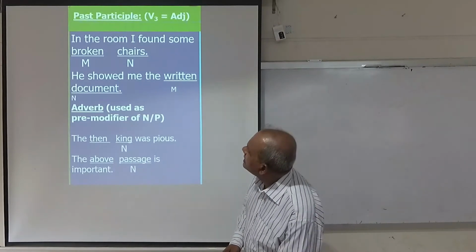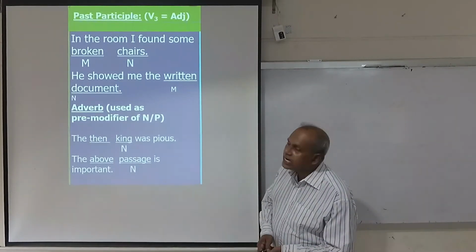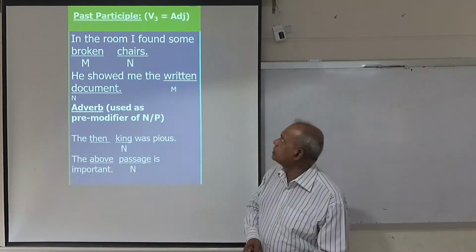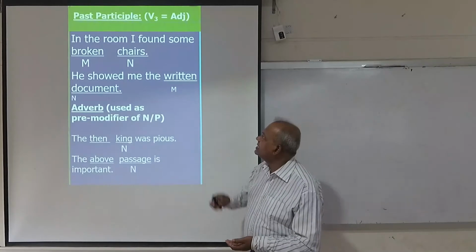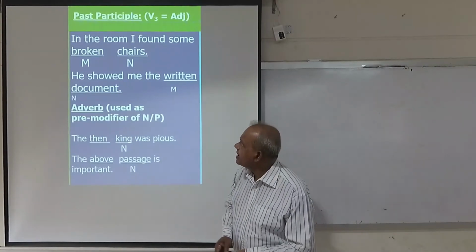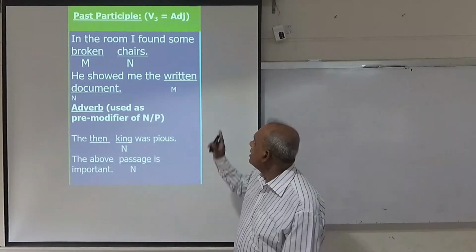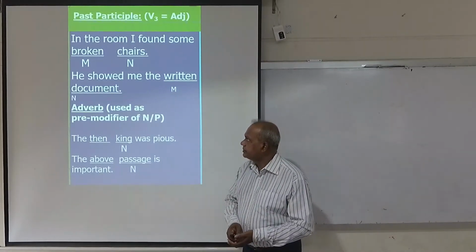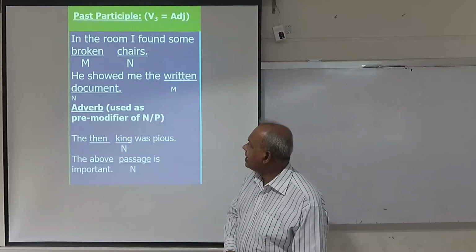Next sentence, he showed me the written document. Written document, written is also a past participle, and it is used here as pre-modifier, and document is a noun, and written modifies the word document. Dear students, now adverb.